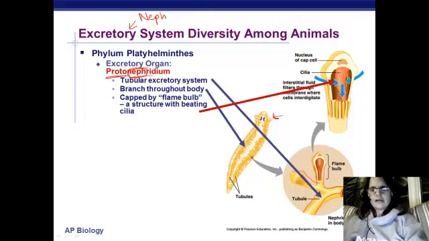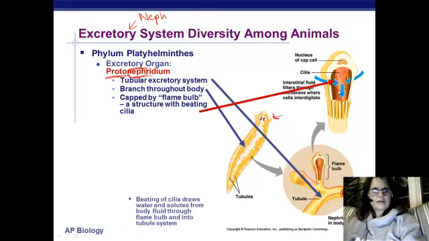There's cilia in this bulb. It's called a flame bulb because someone that observed it at some point, seeing the little cilia twirl, beating and twirling, thought it looked like a candle flame. So it's a flame bulb. It's just a structure with beating cilia, okay?